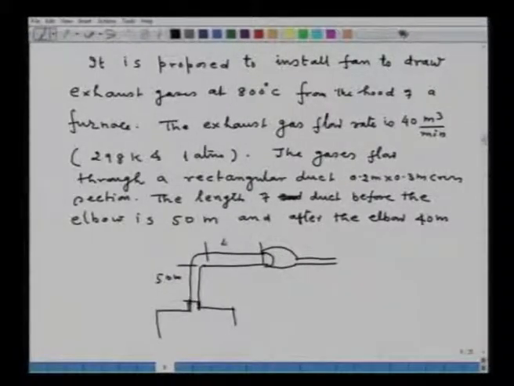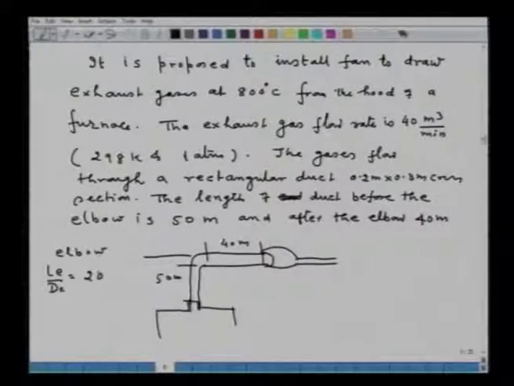From here to here, this is given as 40 meter, and this is an elbow, of which LE by D E is given to be equal to 20. This is the fan and this is the exhaust.